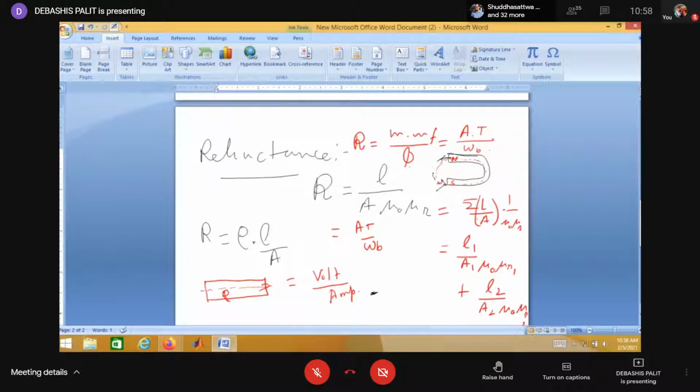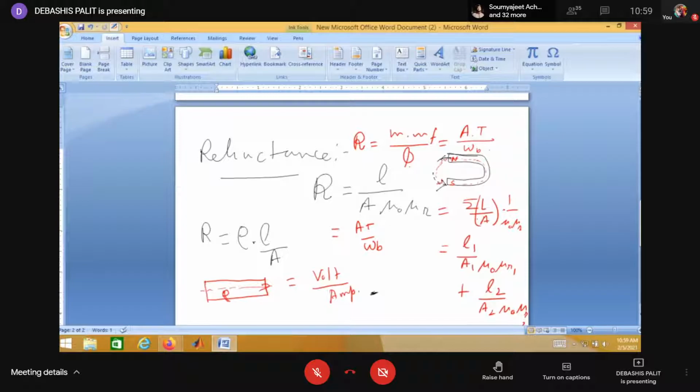So if you consider the flux flowing through the magnetic material, say the path length is L1, the cross section is A1, and the magnetic material has relative permeability mu r1, then there is another path where the flux travels through the air, and that depends on different things.